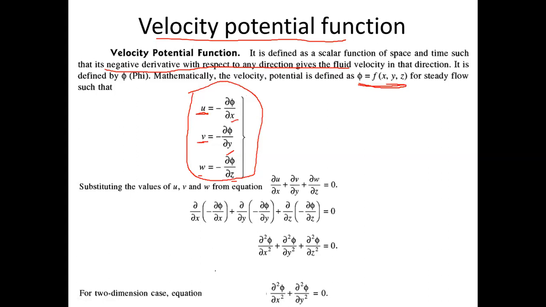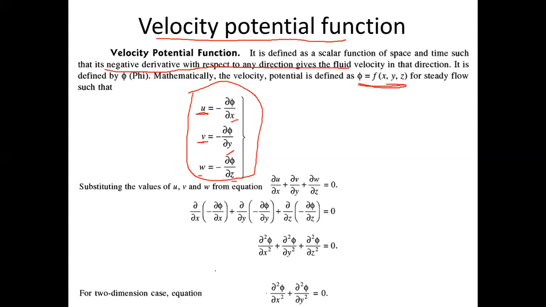Suppose you have been given an objective question, in which I give you the value of phi, say phi is x square plus y square. For a flow, I will tell you that phi is x square plus y square, and I'll ask you whether this flow is rotational, irrotational, steady or unsteady. So what will you tell?